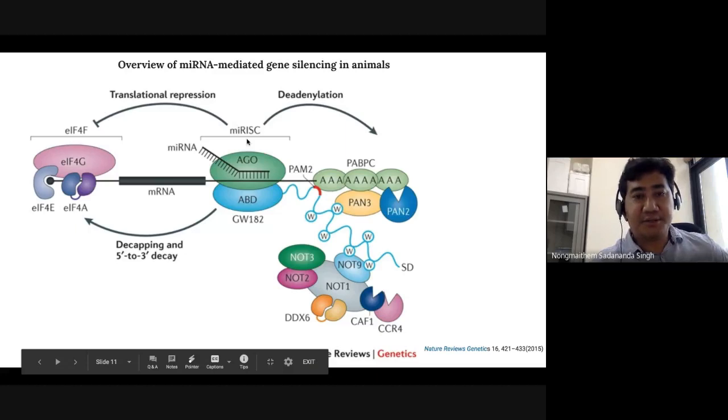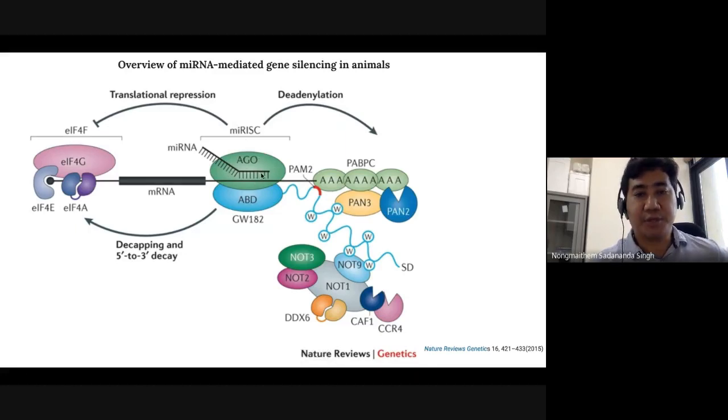In the microRNA RISC complex, you have the AGO protein and RNA binding domains. The AGO protein finds the complementary region in the mRNA and also interacts with other proteins, which recruit certain factors like GW182, which recruits other factors important for the cleavage or degradation of the target mRNA. So how that is done is in a stepwise manner.